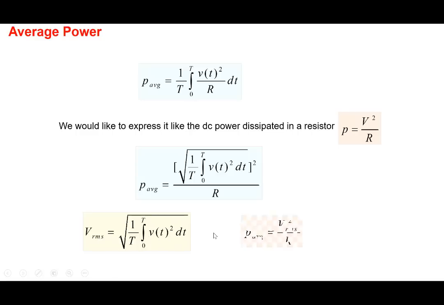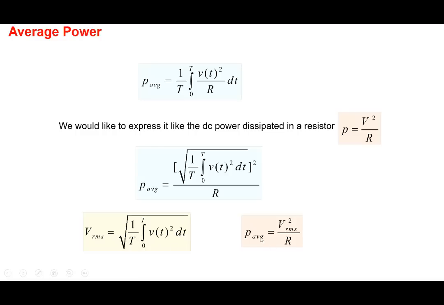So the power can then be written as VRMS squared by R here. Now, this is a very general definition or general representation of power dissipated in a resistor when we have any periodic signal. It need not be a sinusoid, because right now we have not been specific about what the time period is or what the periodic waveform is.